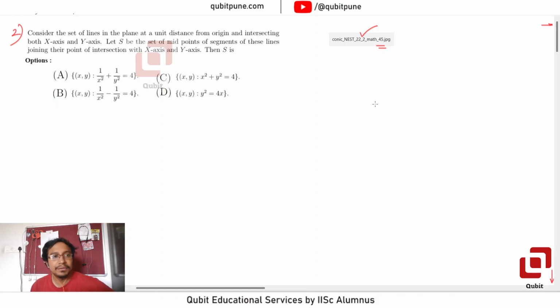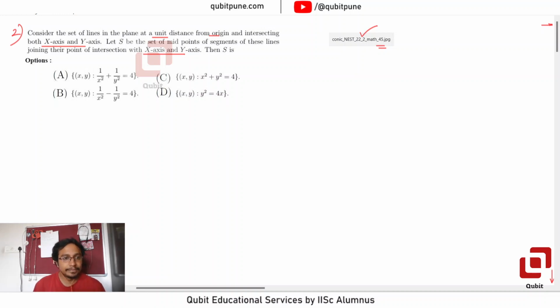Consider the set of lines in the plane at a unit distance from the origin and intersecting both x and y axes. Let S be the set of midpoints of segments of these lines joining their point of intersection with the x and y axis. Then S is: 1 upon x squared plus 1 upon y squared equals 4; 1 upon x squared minus 1 upon y squared equals 4; x squared plus y squared equals 4; y squared equals 4ax.